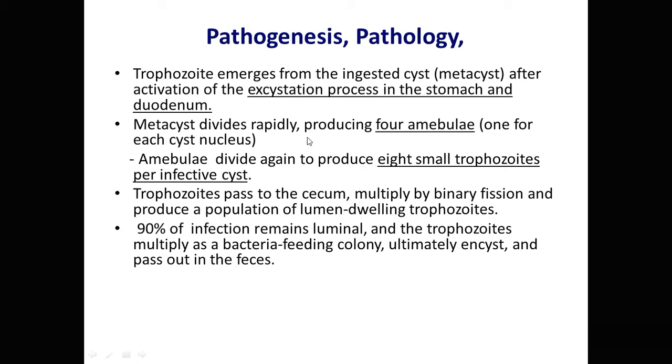Mature cysts have four nuclei, and one amebula develops from each nucleus, and then the amebulae again divide into 8 small trophozoites. Then the trophozoites go to the cecum, they multiply by binary fission, and they give rise to the population of lumen-dwelling trophozoites.